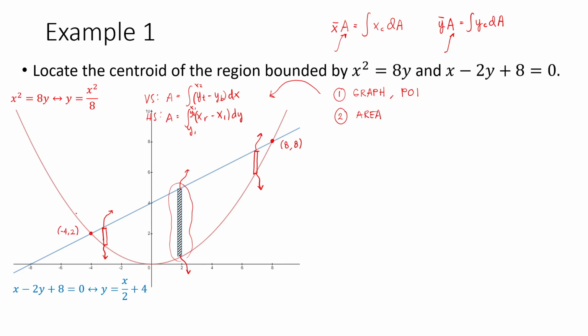So anywhere I place my vertical strip, it's always touching the same equations, blue on top and red on the bottom. Meaning I can use the vertical strip in solving for the area.